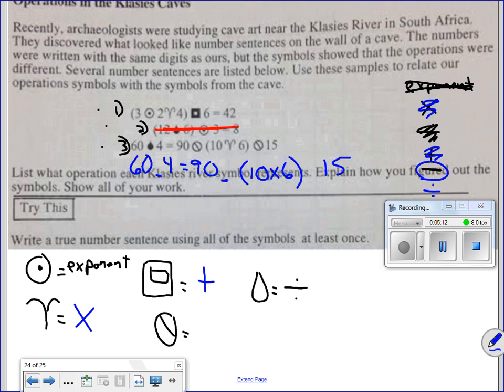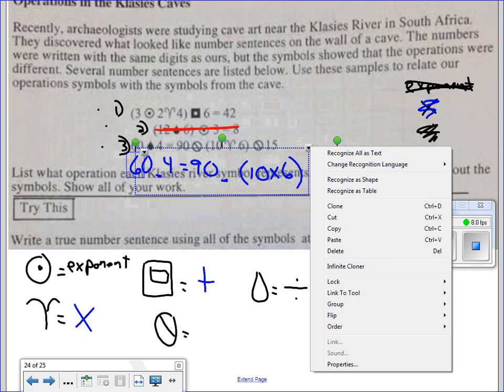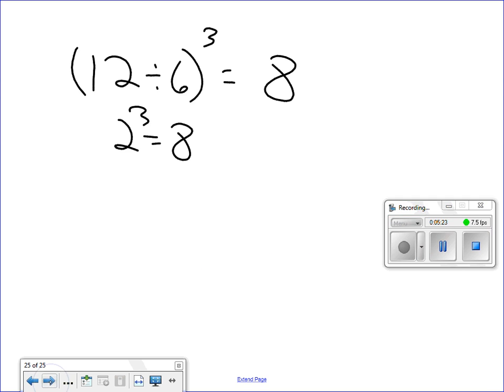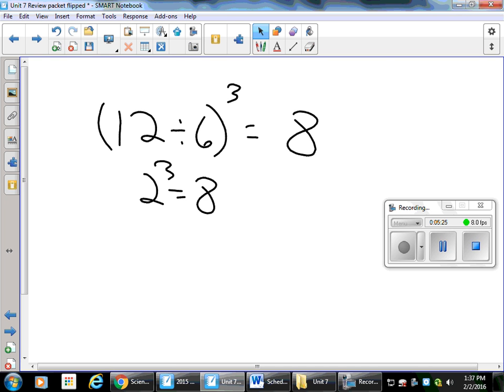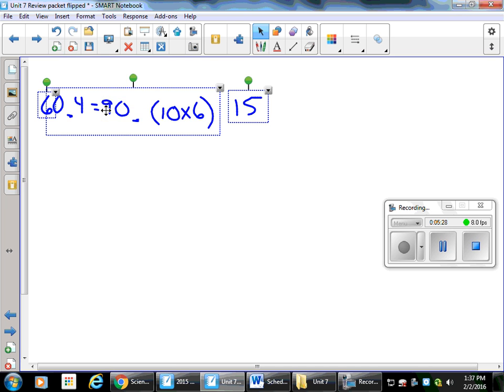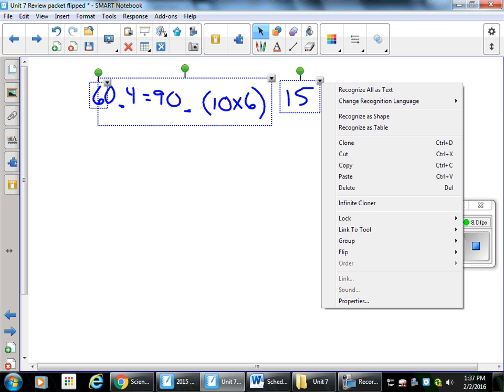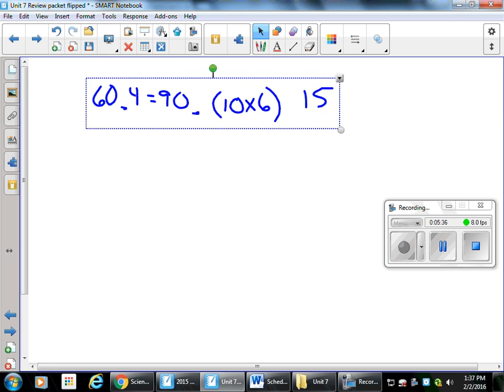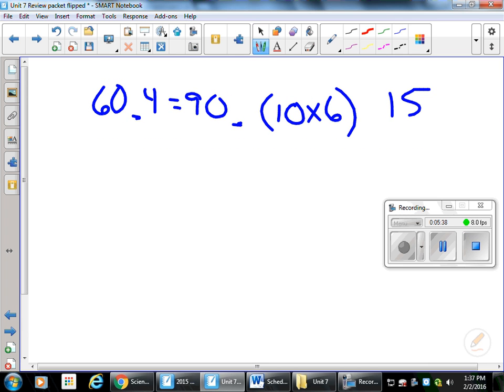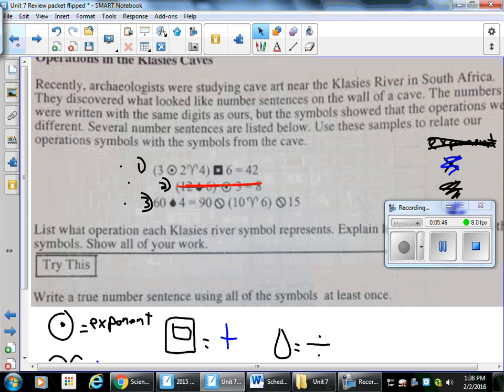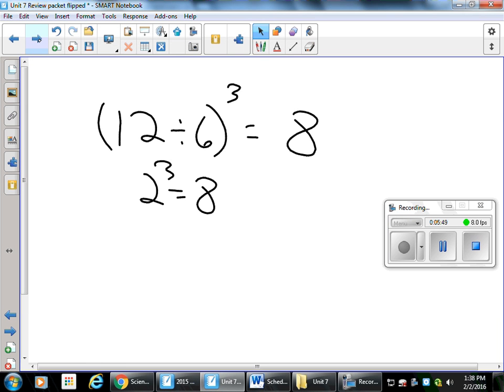That raindrop, let's see if that raindrop means division. So if we do 60, I'm going to move this into a new page here so we're not confused. Let's go 60 divided by 4. So if that symbol is divide, I don't have any more raindrops on this one.